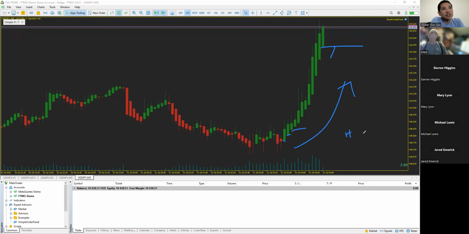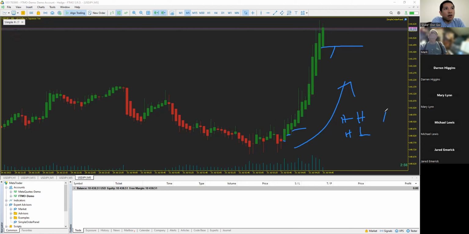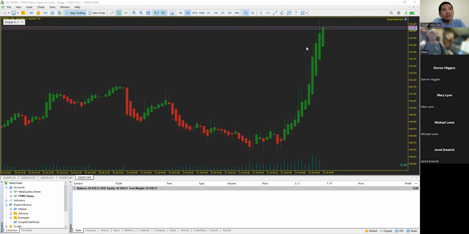Not only is it higher highs, but higher lows for the bodies. Okay, don't look at the wicks, because the wicks can fake you out. Like right here, the wicks are down, but the body is up. That's strong buying pressure right there.